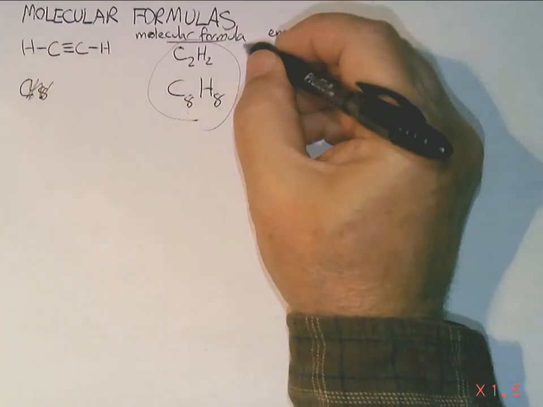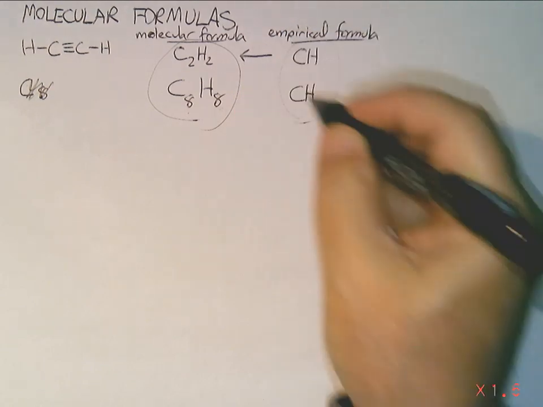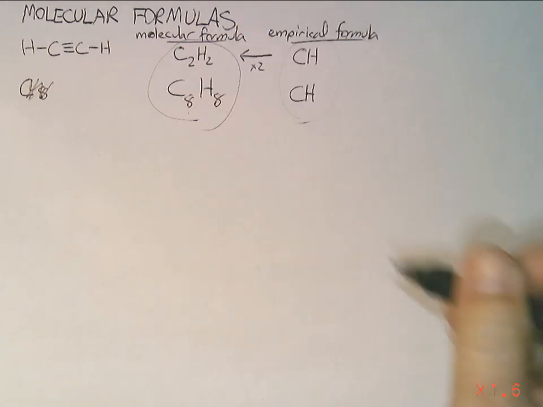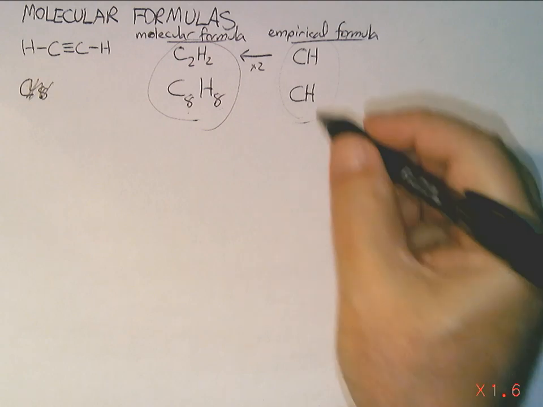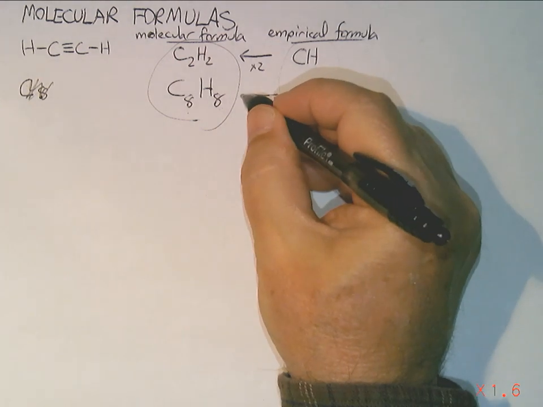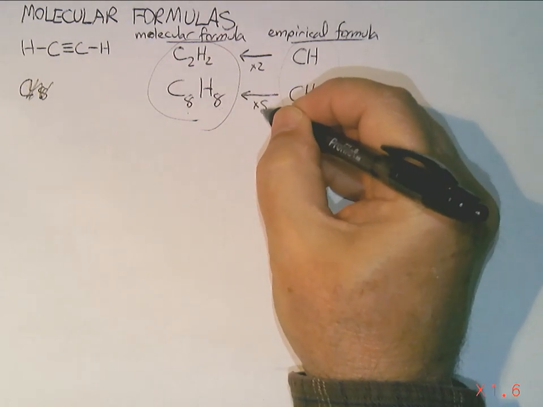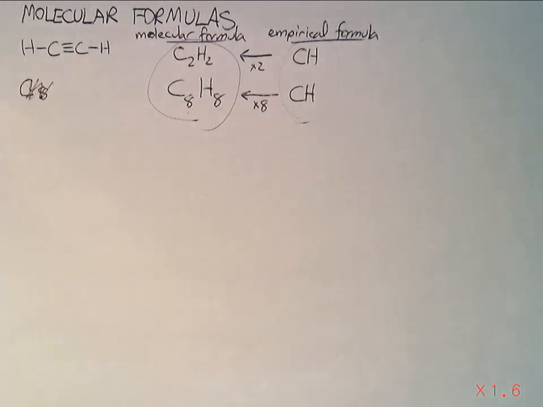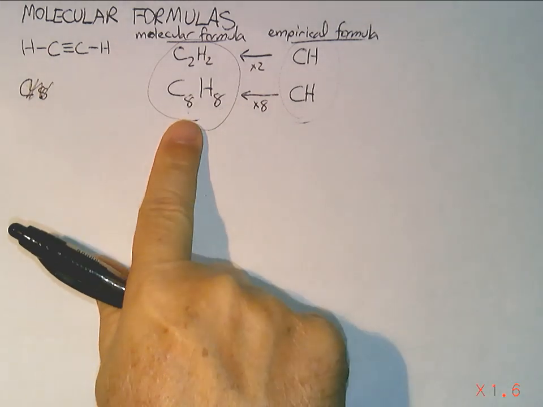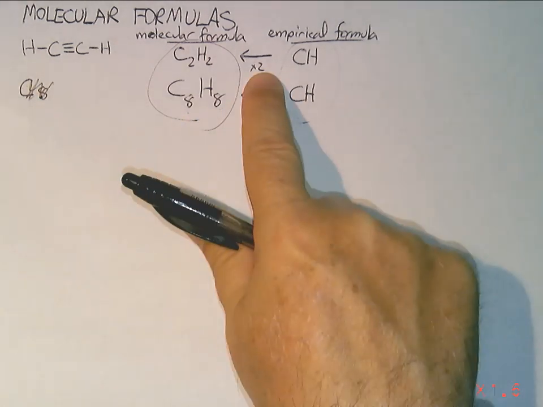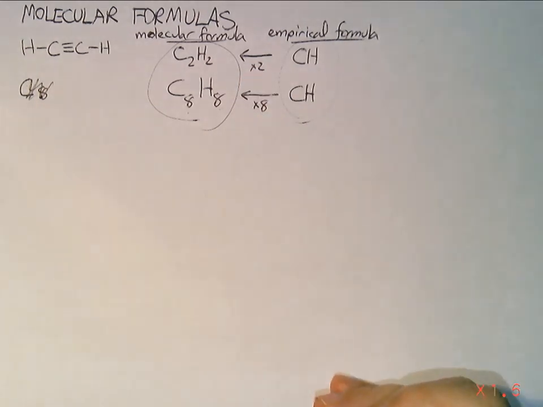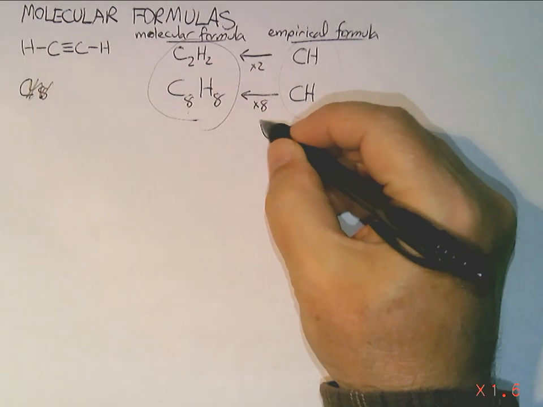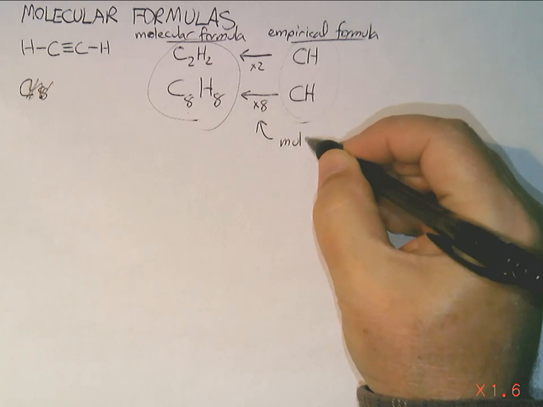If you take the empirical formula and you multiply it by 2, you get the molecular formula here. If you take the empirical formula here and you multiply it by 8, you're going to get the molecular formula there. How do I get these factors though? How do I get these multipliers?